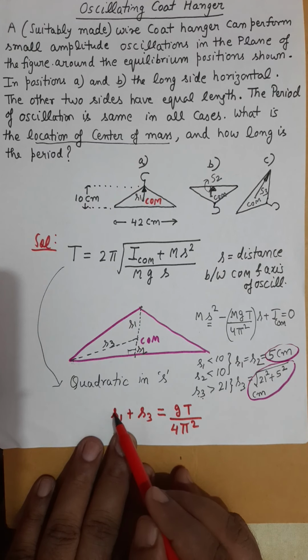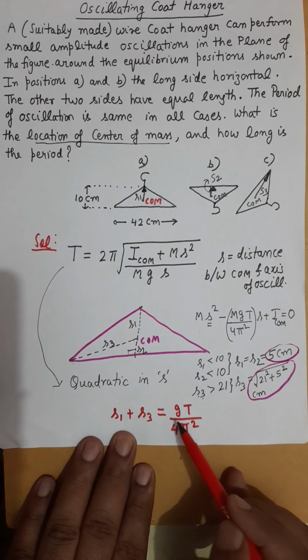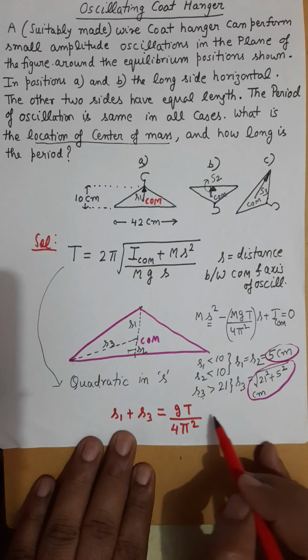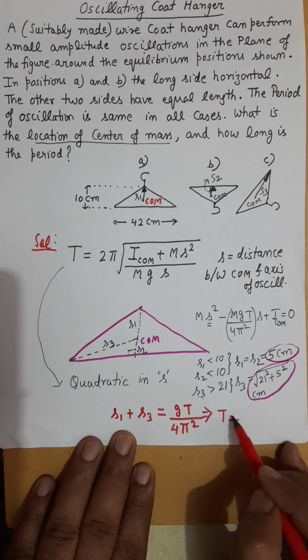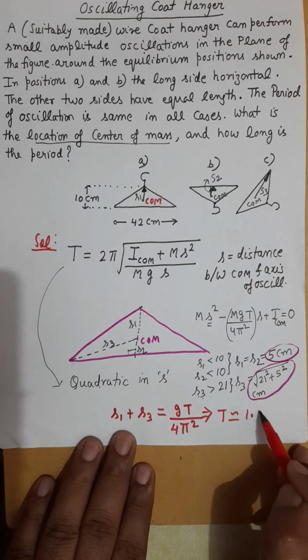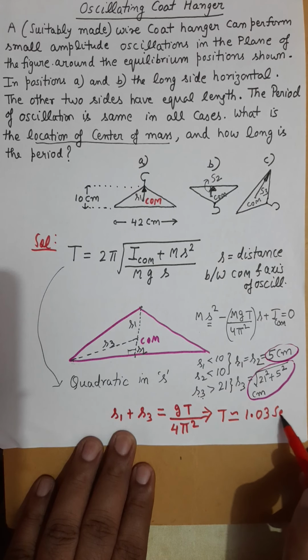Now s1 is with us, s3 is with us, the value of g can be taken as 9.8 meter per second square, and that will give you the time period in this question, which is somewhere around 1.03 second.